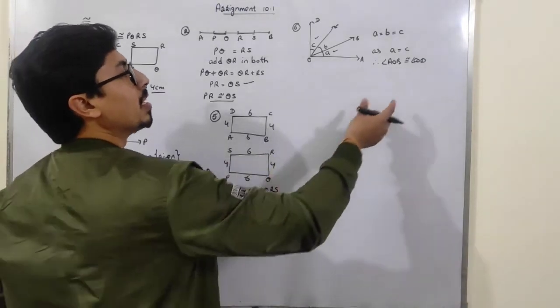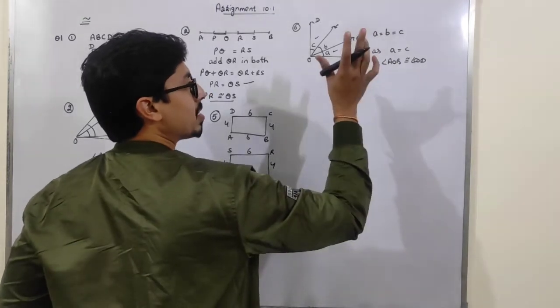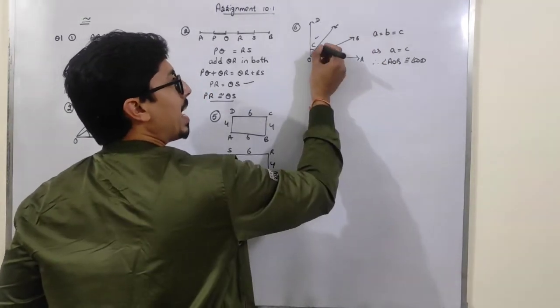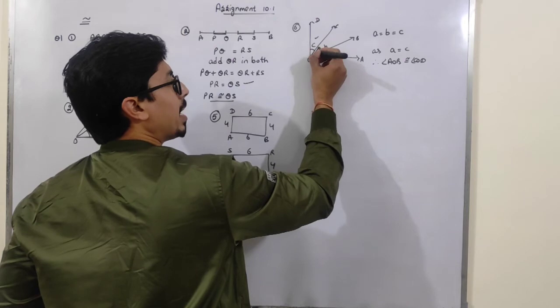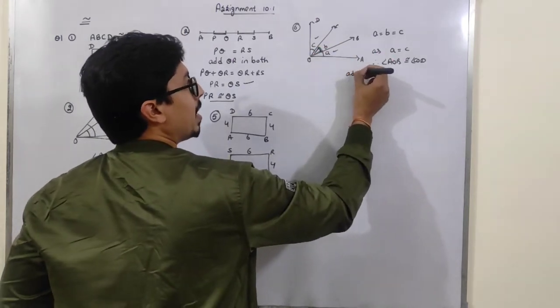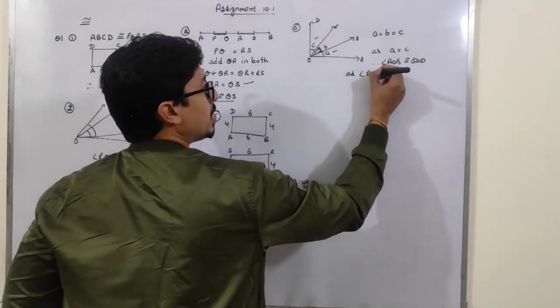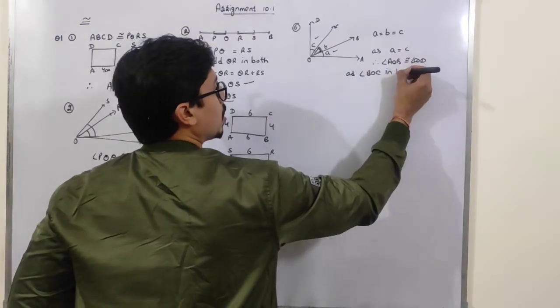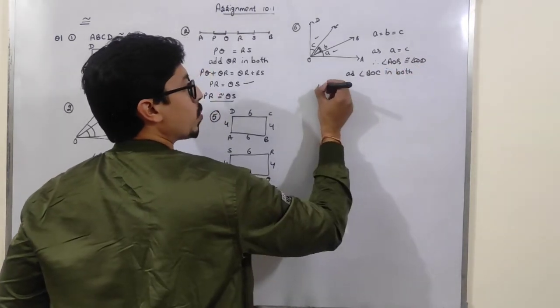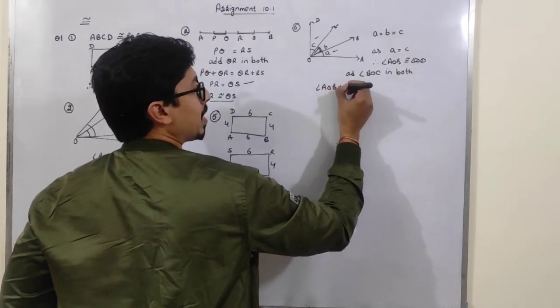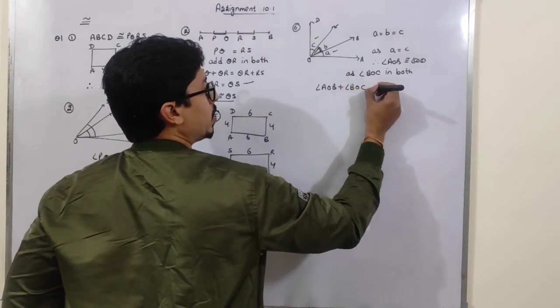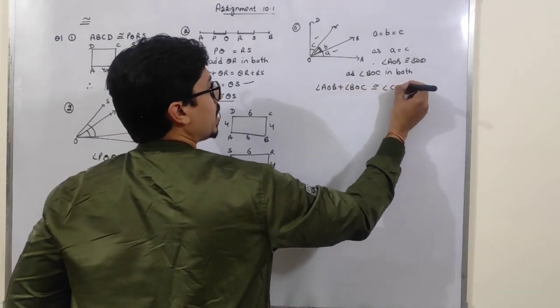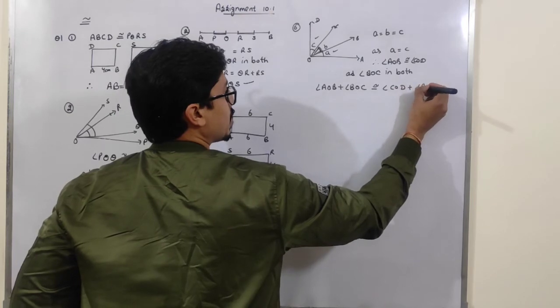Now see students, these two angles are congruent. Now do one thing, add angle BOC in both of them. So what it will be, students? AOB plus angle BOC is congruent to COD plus BOC.